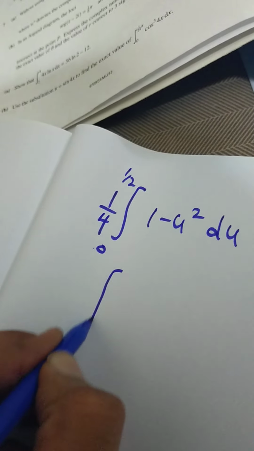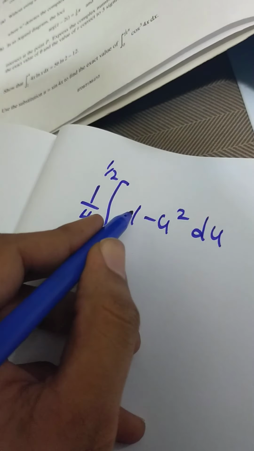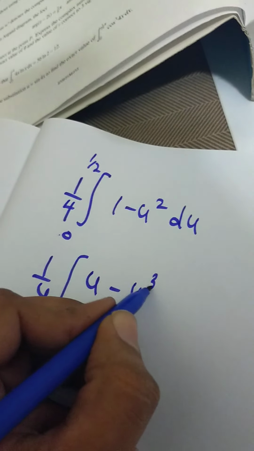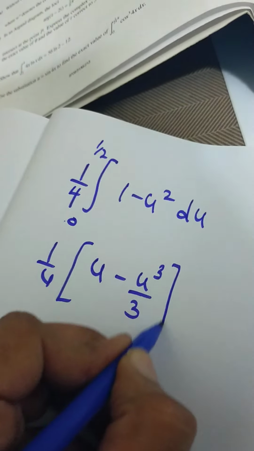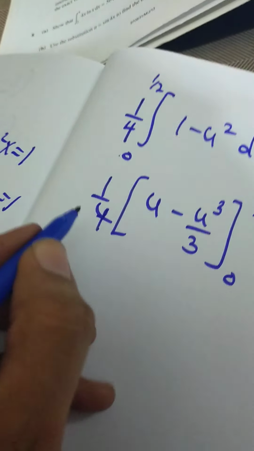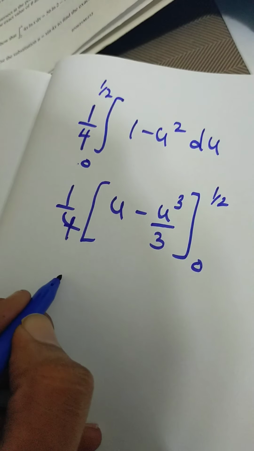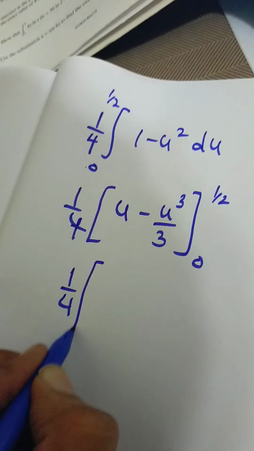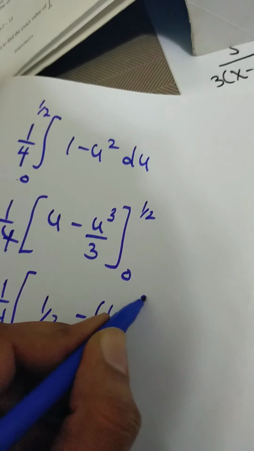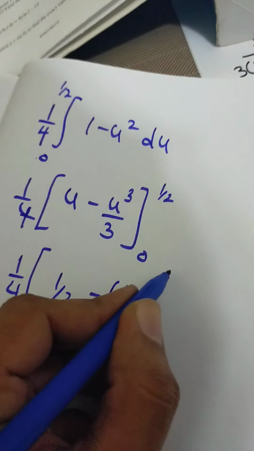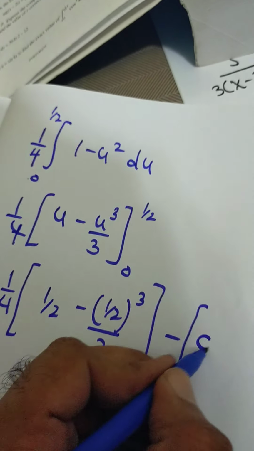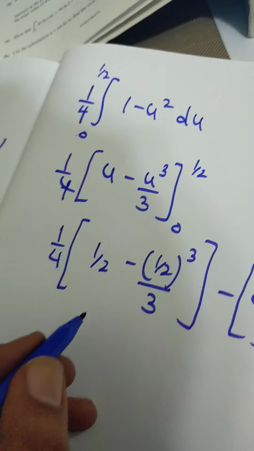Now here you will integrate this. 1 with respect to u integrated is u, and u squared is u cubed over 3. So all you need to do now is put the limits: 1 over 2 minus 1 over 2 the whole thing cubed divided by 3, minus obviously 0, this whole thing will be 0.